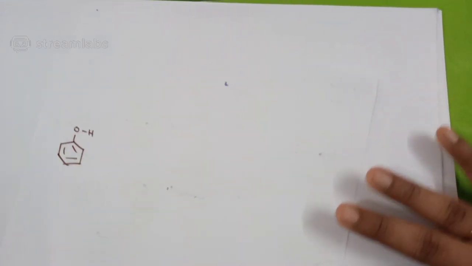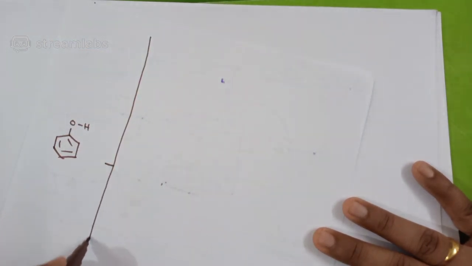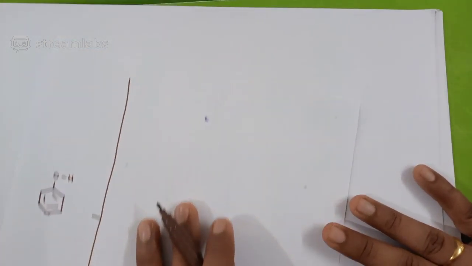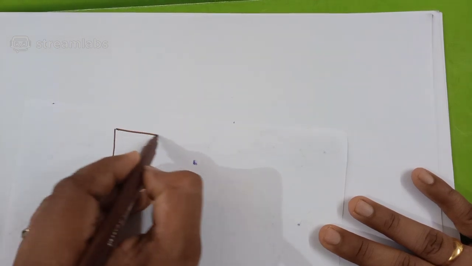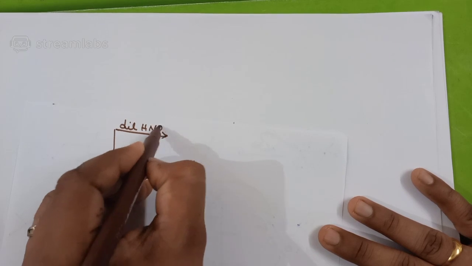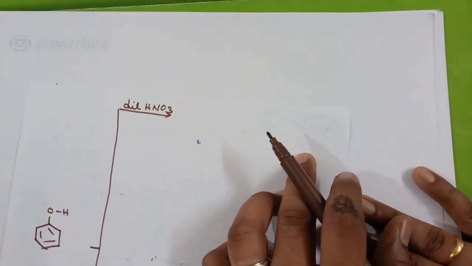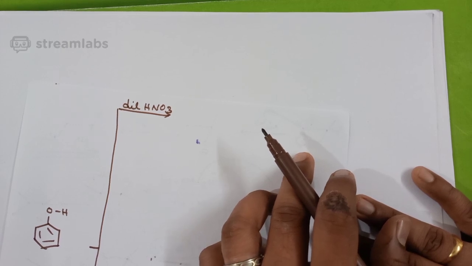If I use phenol, the first one is with dilute HNO3. See, benzene won't react with dilute HNO3, because for nitration, if you want to prepare nitrobenzene from benzene, we add nitration mixture.